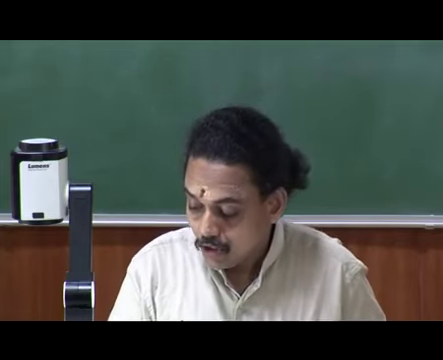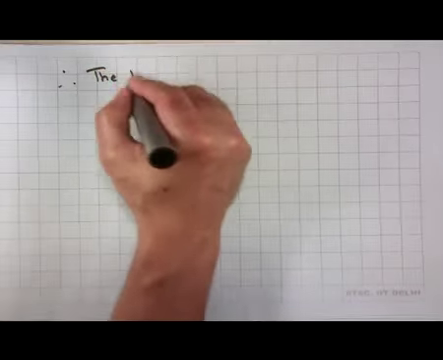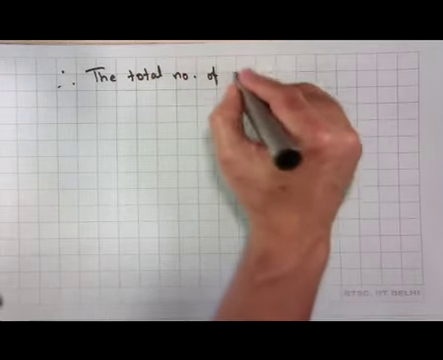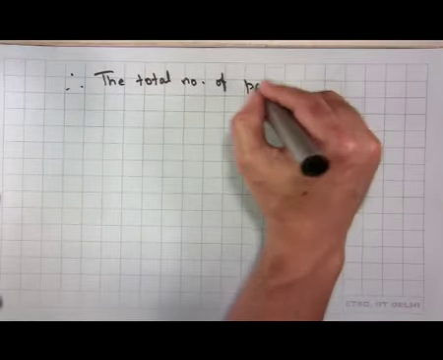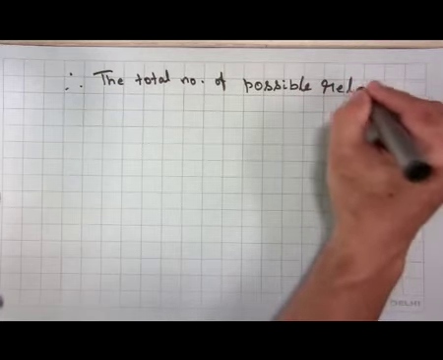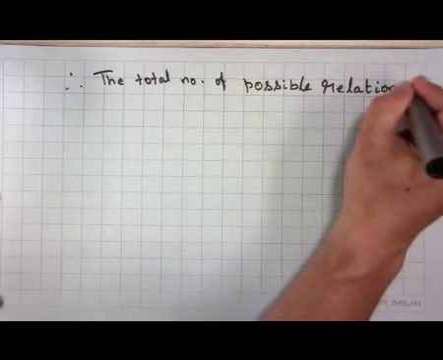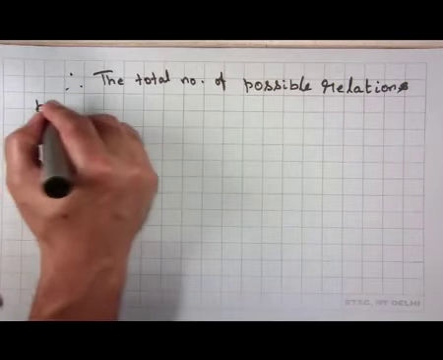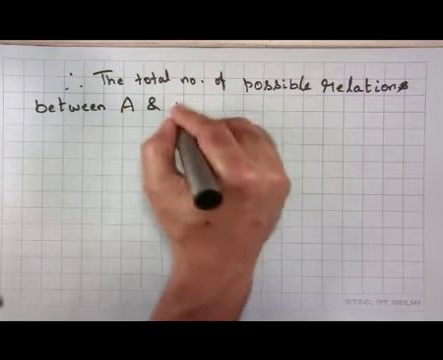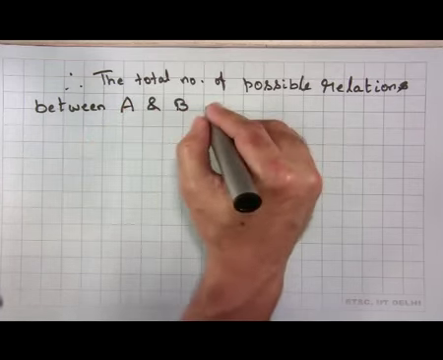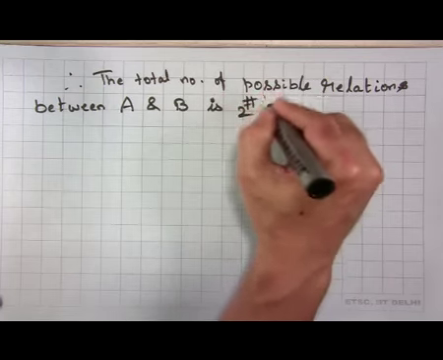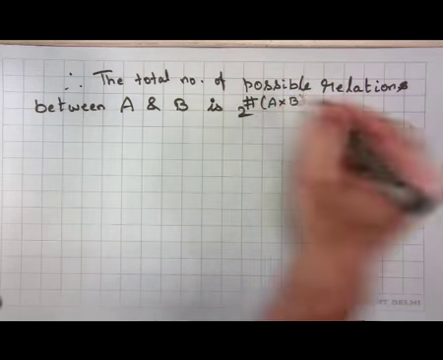Therefore, the total number of possible relations between A and B is 2 power the cardinality of A cross B, minus 1.